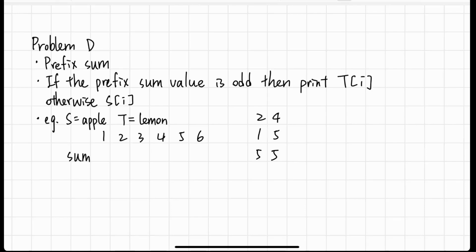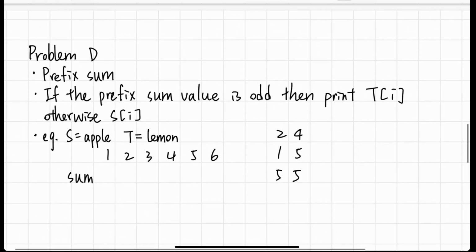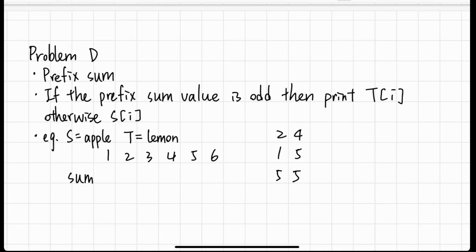So for example, for the test input case, we have S equals apple and T equals lemon. So if we use a prefix sum, then for the first operation 2, 4, we could add 1 here and subtract 1 here.